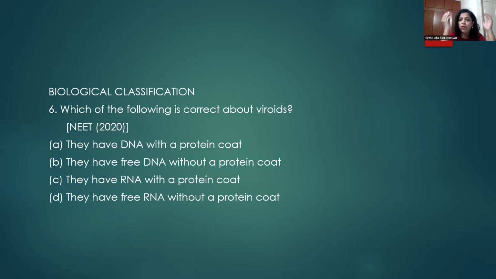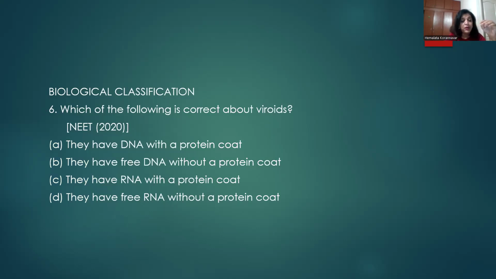Viroids and prions come together. Viroids are organisms which are only nucleic acid without the protein coat, normally RNA. Prion has only infectious protein without the nucleic acid. That is understood.